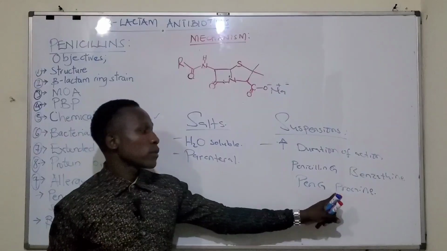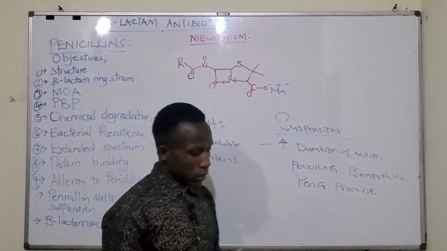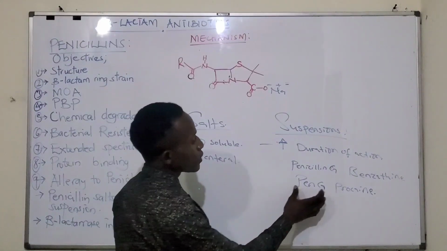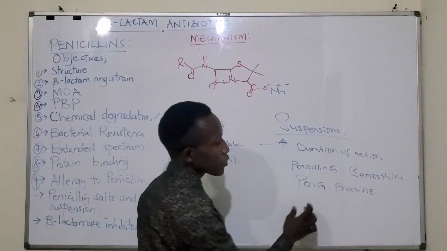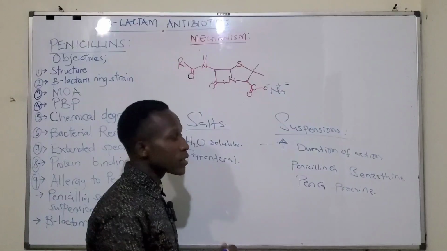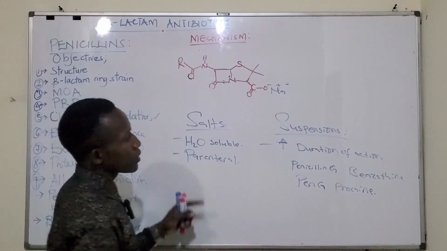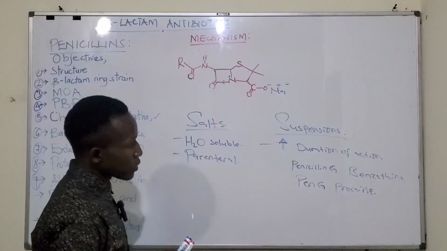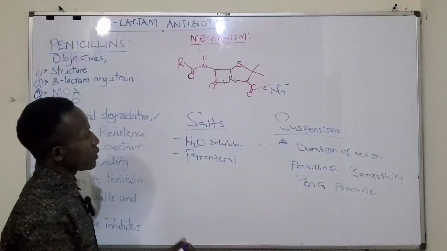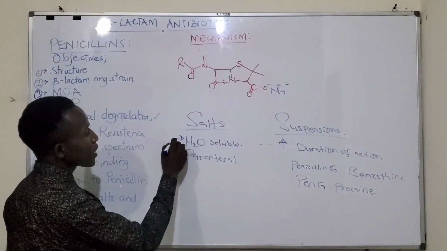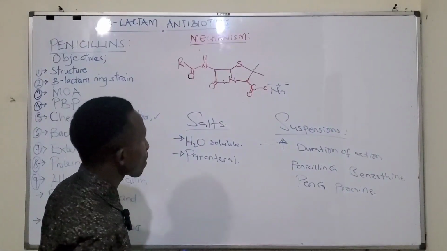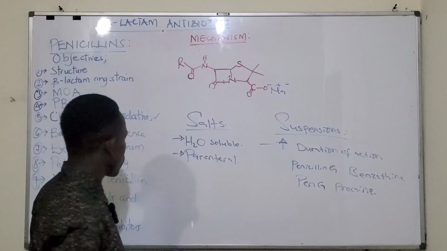These two are unreactive, or they can't form solution, meaning that you have this one insoluble in this one. So they don't form solutions, meaning that little will be released at a time than the salts. So these ones are used for controlled release or slow release. These ones are fast acting because they are highly soluble. They will solubilize easily in the plasma such that they do the activity.